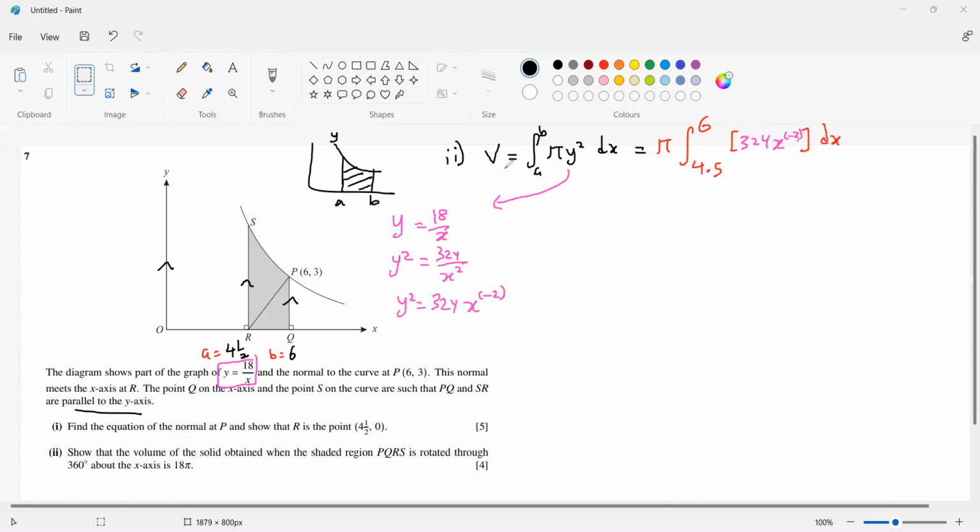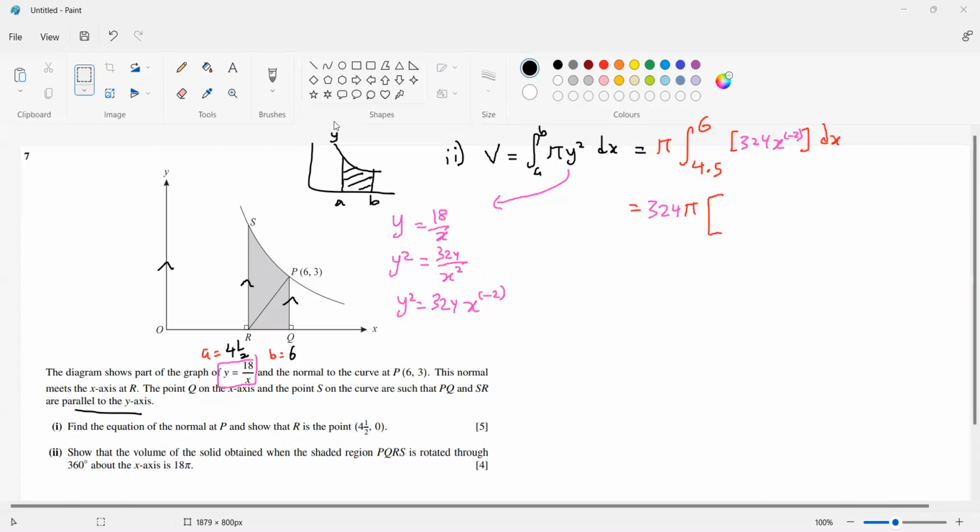So on the next line, what we need to do is, this is pi, and we need to integrate. We may take out the constant 324 as well, because that is the advantage of a constant in integration. You can just take out the constant 324 like this, and then put the big bracket for the integration.